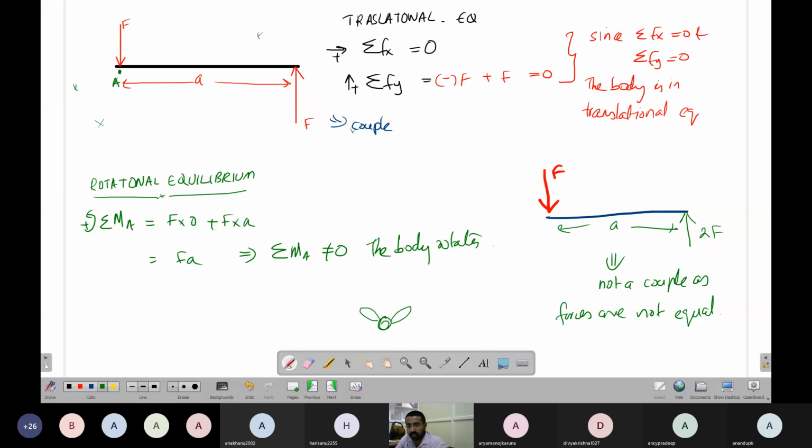So you will apply forces in this direction, and a force in this direction.